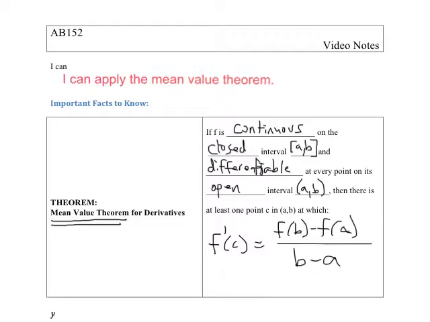Well, we might recognize that this is the equation we use to talk about the slope of a secant line between points a and b, and we know that this is the derivative at c, so this might be the slope of a tangent line.